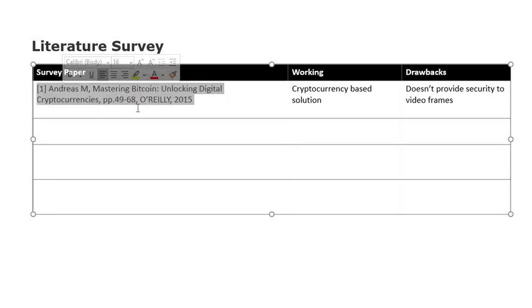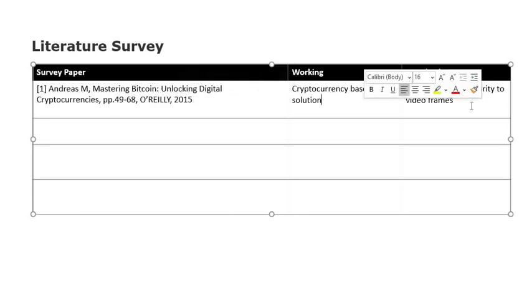Okay, this particular paper provides a cryptocurrency based solution for the video surveillance issue. But unfortunately, it doesn't talk anything about video frames. Okay, it talks about textual data and other data, but nothing about video frames. That means this solution cannot be applied for video frames, right?